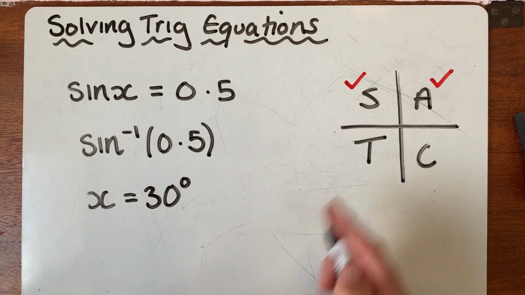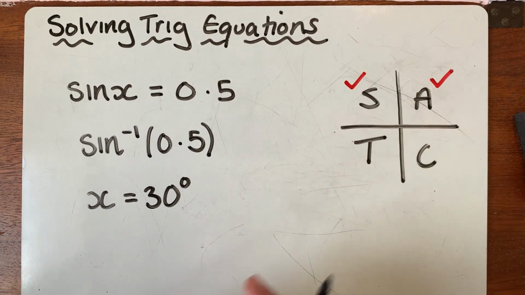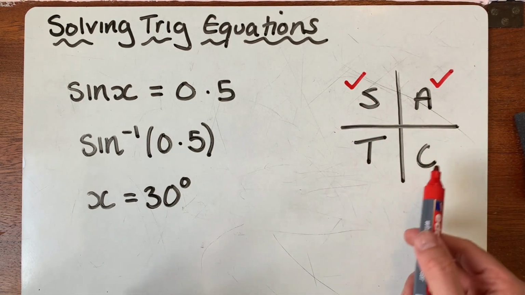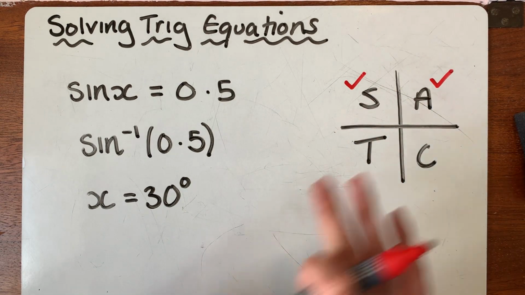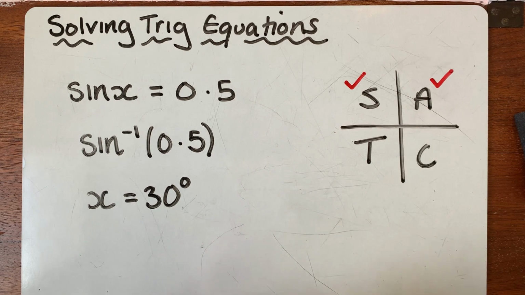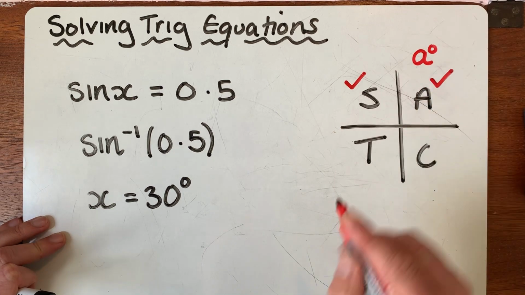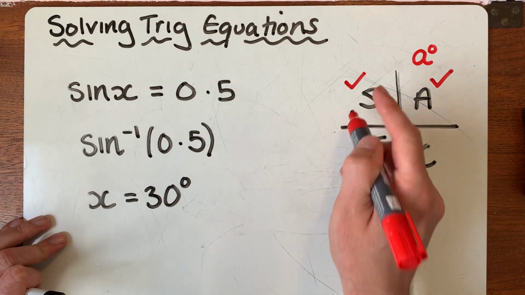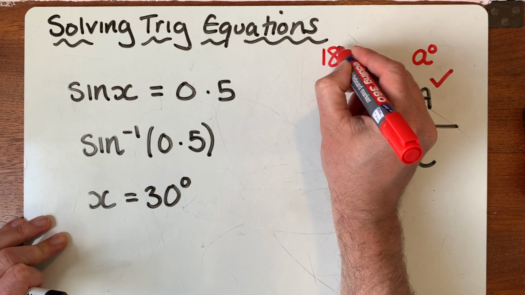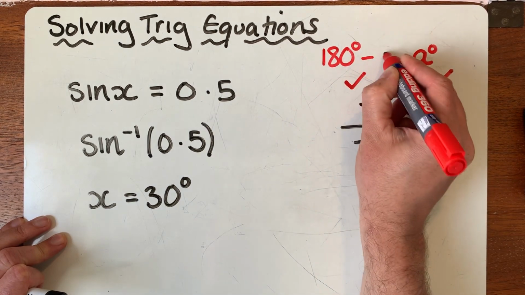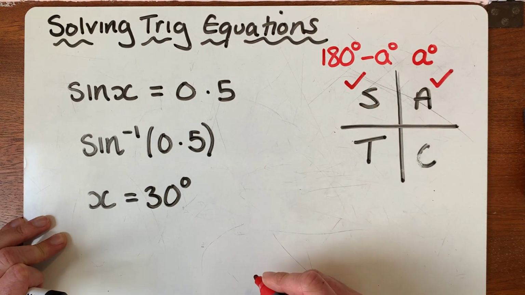The second solution exists in this quadrant, and you'll have been looking this week at some little rules for each of these quadrants, and I'm going to write them on here. I wouldn't usually do that, but just so you can see where these answers are coming from. In the first quadrant, it's the answer we get off our calculator, A degrees. In the second quadrant, we take that answer and subtract it from 180 degrees.